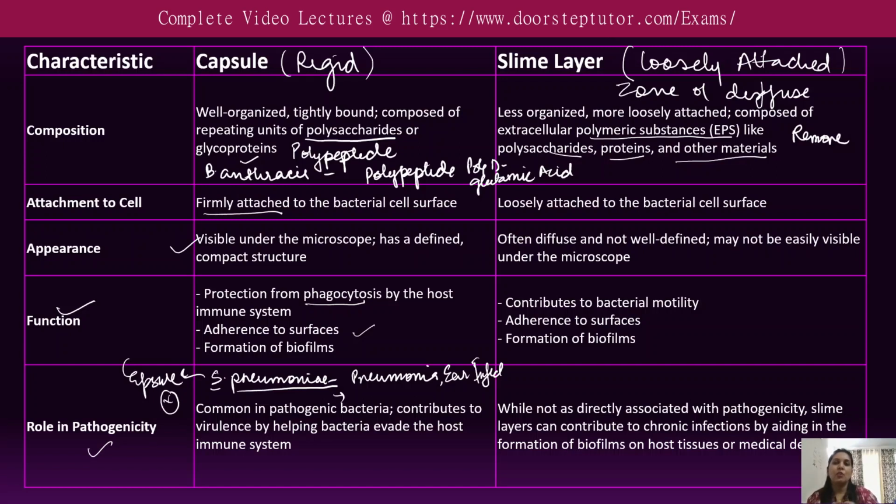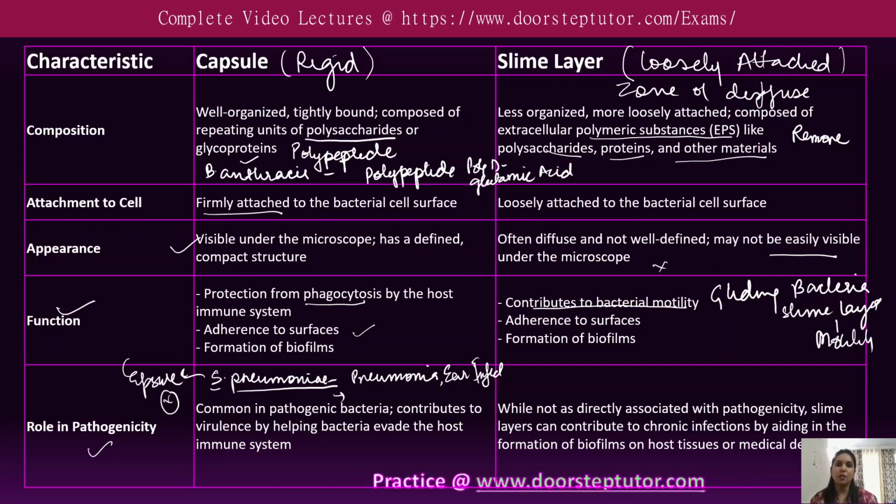Since it is not a rigid structure, it is not easily visible under the microscope. And basically, it is responsible for providing bacterial motility. For example, gliding bacteria usually have a slime layer, which is mainly responsible for providing motility.